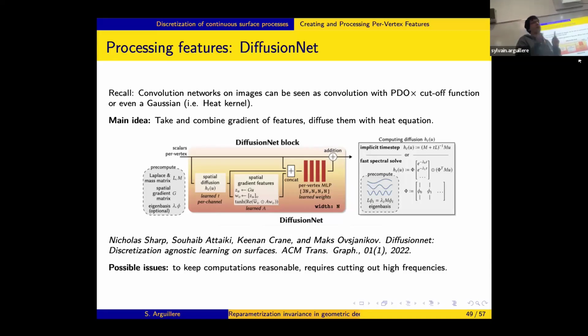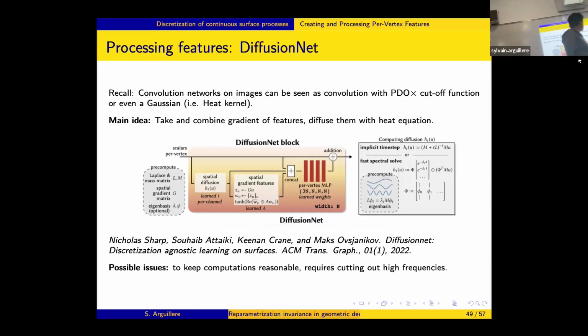The part of combining the gradients, taking the gradients and things like that, could already be done. But the problem is how to solve the heat equation in a way that's pretty fast.